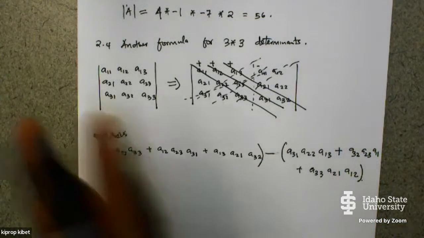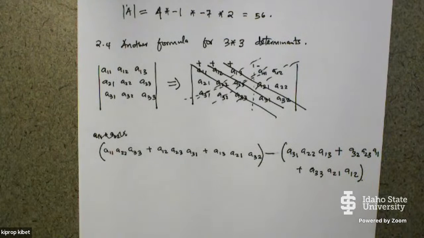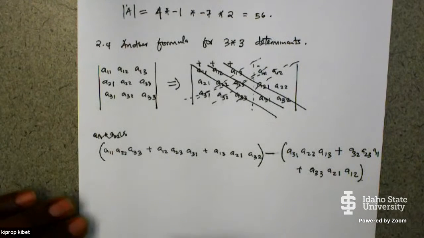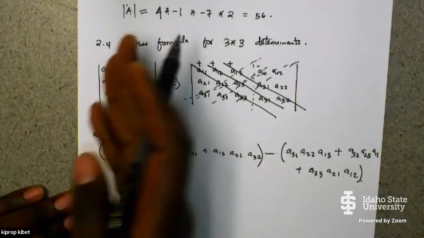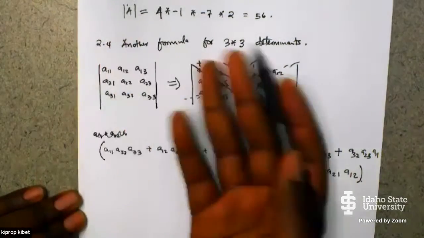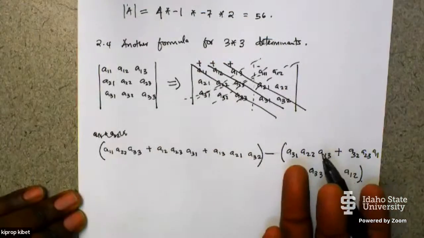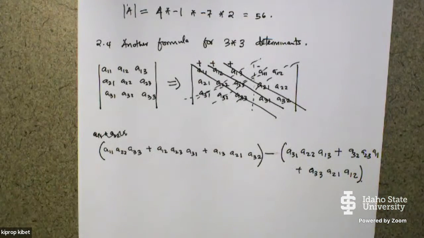So another way is just deleting the rows and the columns. So you can either delete the first row or the second column.